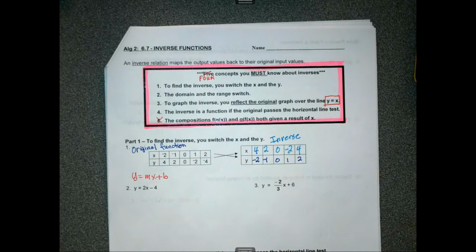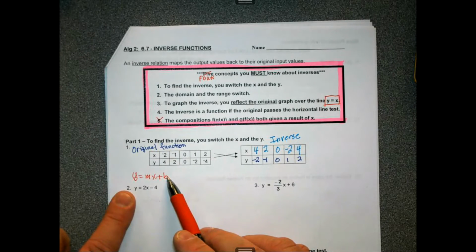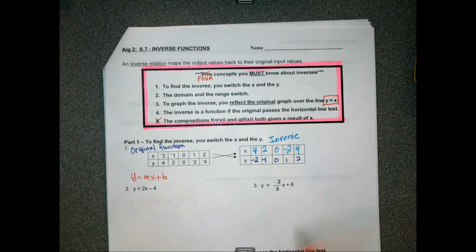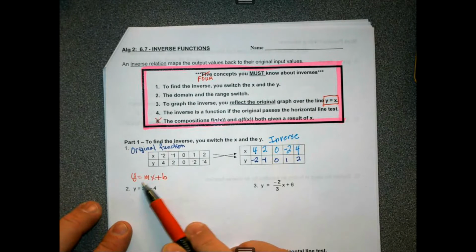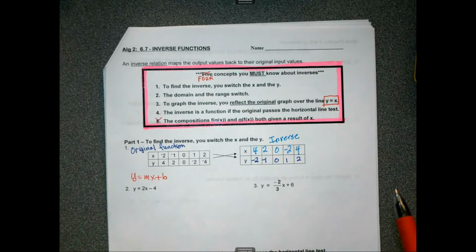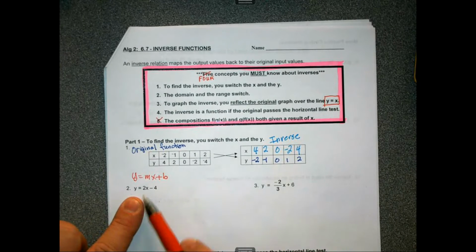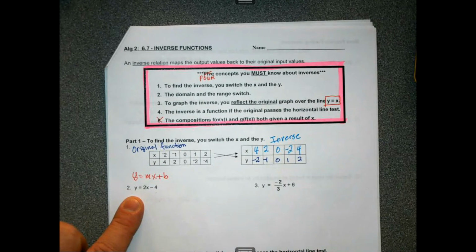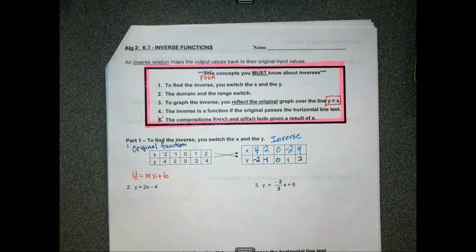Does it kind of look like that? And what is this? Yeah, it's just a line, right? Y equals mx plus b. That's slope intercept form. Okay, so we have a line here. And we know 99% of all lines are functions, except the vertical line, right?